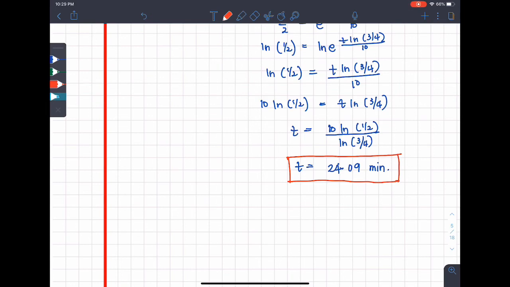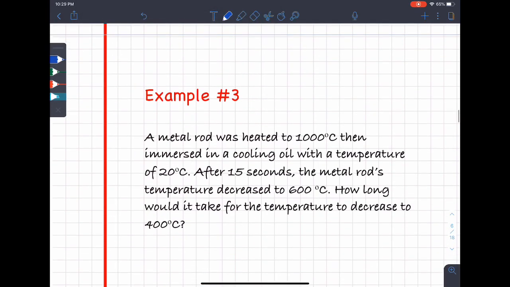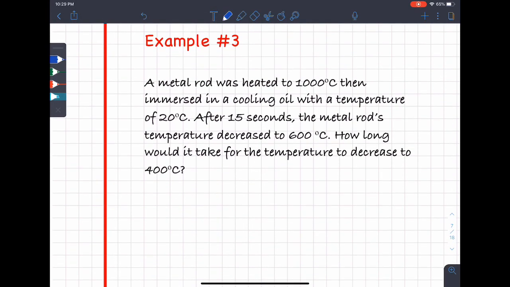So let's have another example. For our third example, it's a metal rod again. A metal rod was heated to 1,000 degrees Celsius, then immersed in a cooling oil with a temperature of 20 degrees Celsius.